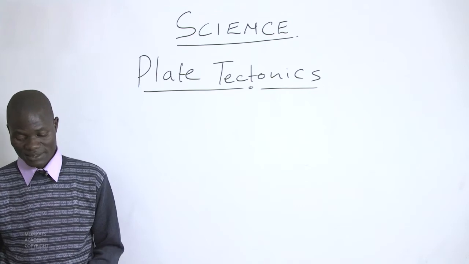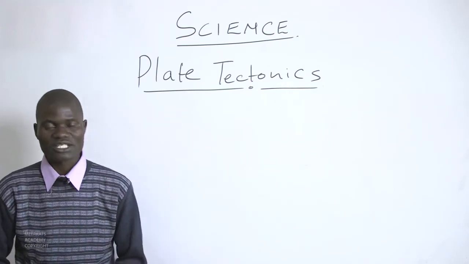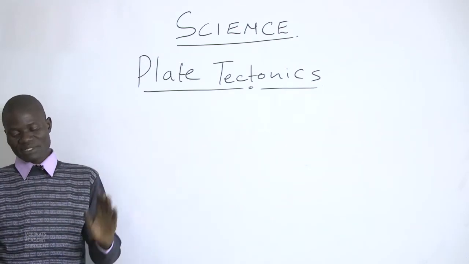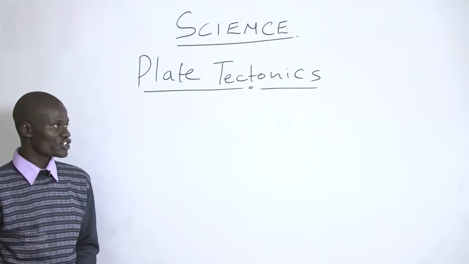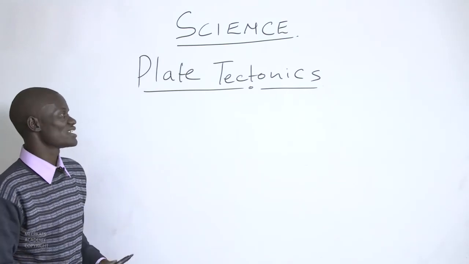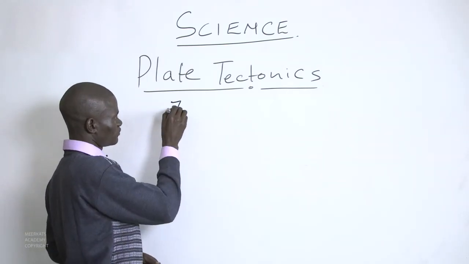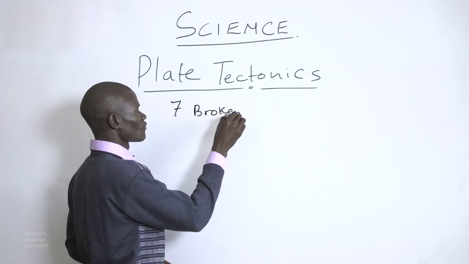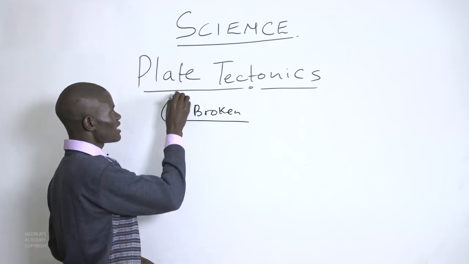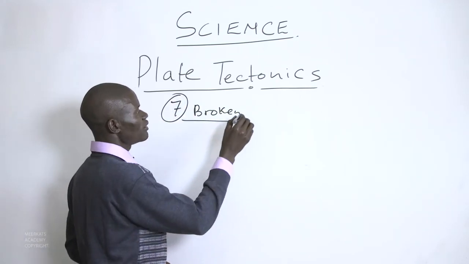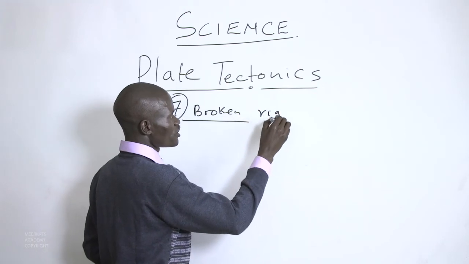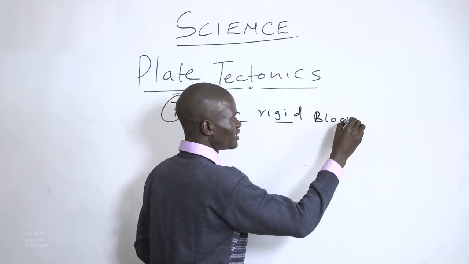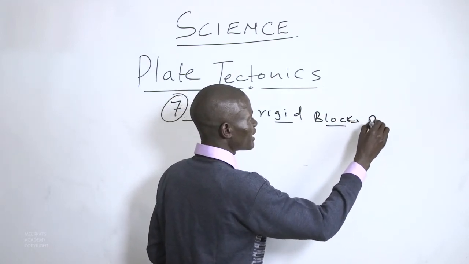It states that the Earth's outermost layer, the lithosphere, broke up into 7 large rigid blocks called plates. The Earth's crust broke into 7 rigid blocks, and these are called plates.